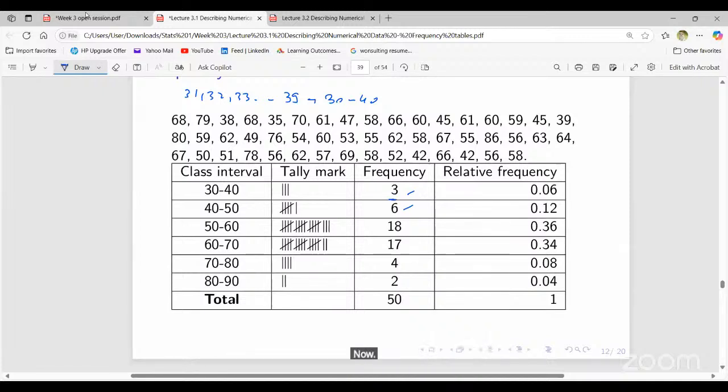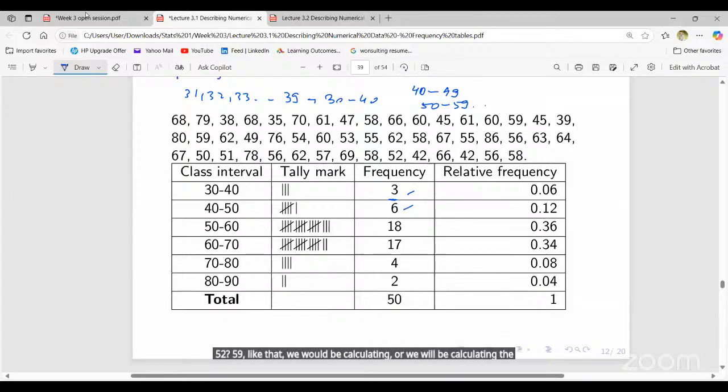Now, similarly, 40 to 50, what all numbers will we be including? 40 to 49. Similarly, from 50 to 60? 50 to 59, ma'am. Like that, we will be calculating the frequency here. So here we have the frequency like 3, 6, 18, 17, 4, 2.